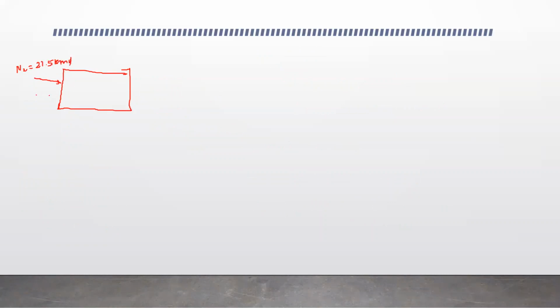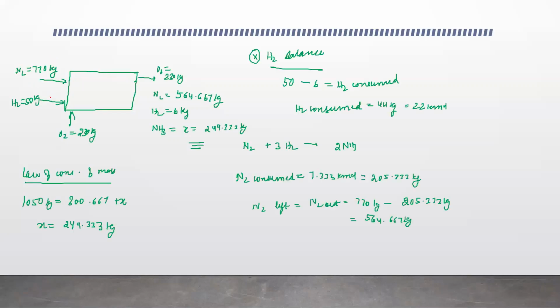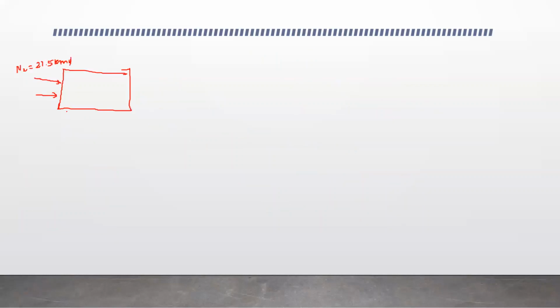Then oxygen is 230 by 32, so that is 7.1875 kilomole of oxygen. And then you had hydrogen, which was 50 kg, which means 25 kilomole, right?